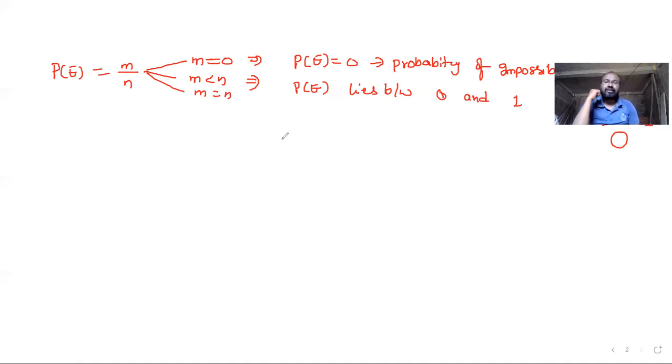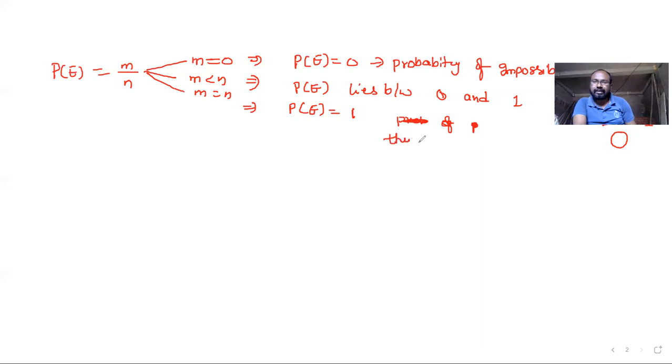Suppose m is equal to n. Then P of E is equal to 1, meaning the probability of the possible.